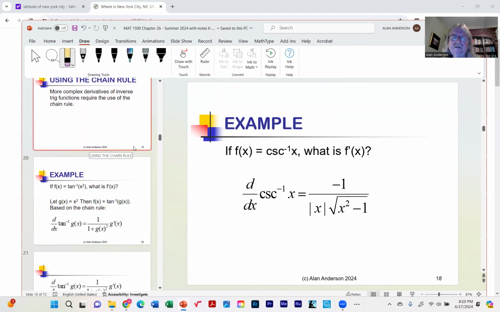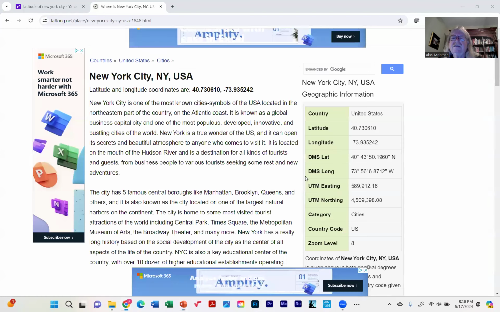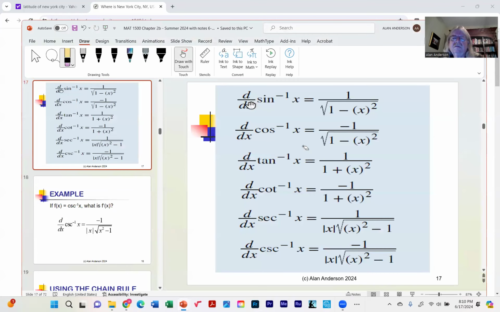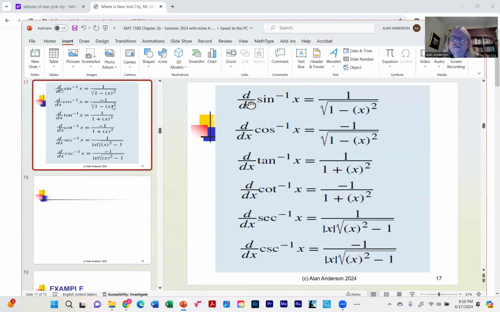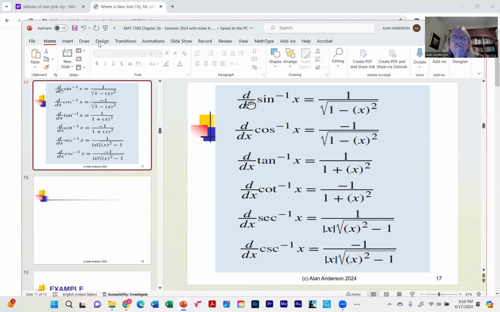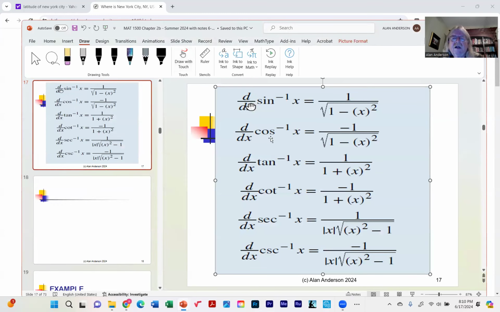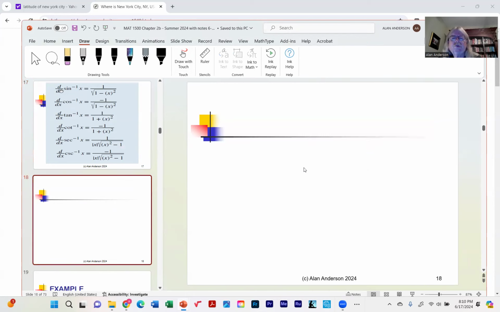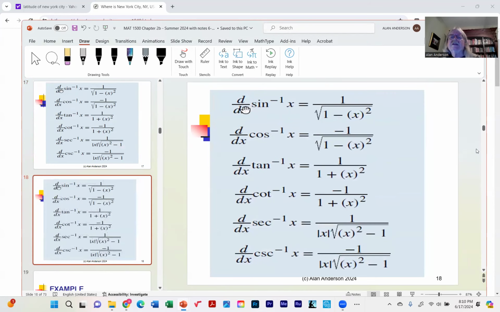Now, what happens when we do need the chain rule? So once again, if this is g of x, we need, and this becomes g of x too, of course.